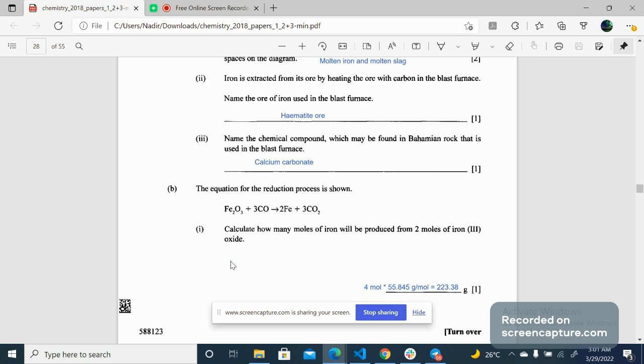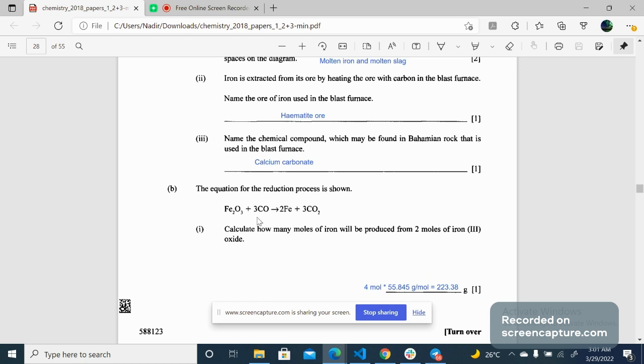On the left side of the equation is iron 3 oxide. This is treated with carbon monoxide to produce iron, and this iron 3 oxide is being reduced. So there are basically two processes, one called reduction and the other oxidation, and this is the process of reduction of iron 3 oxide to extract iron from it.